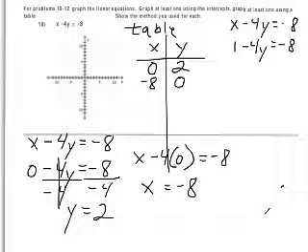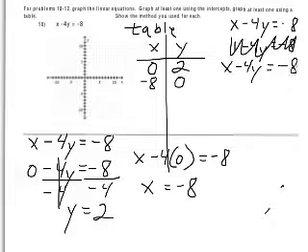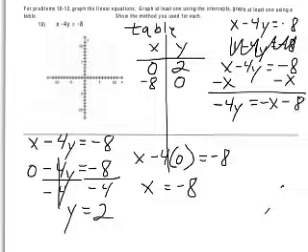One thing we could do in this case to make life easier is to put it in terms of y. So if we have x minus 4y equals negative 8, and we add a negative x to both sides, this gives us negative 4y equals negative x minus 8.